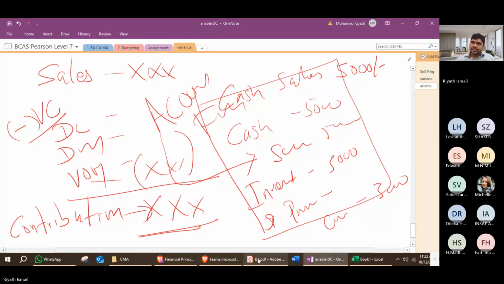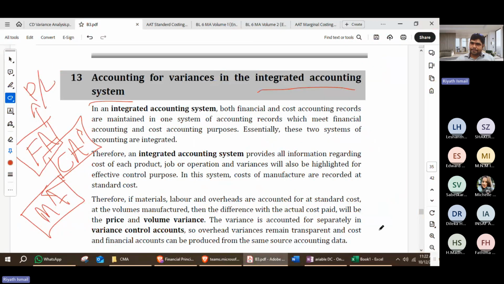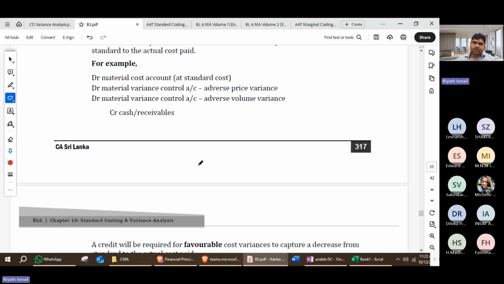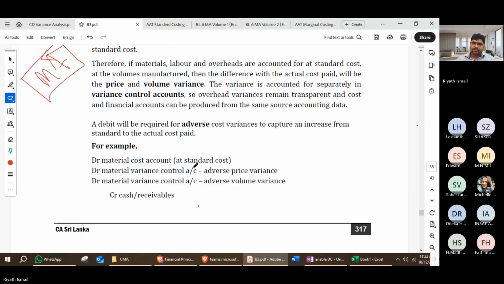That's called the integrated accounting system. Here, we have calculated the variances now.